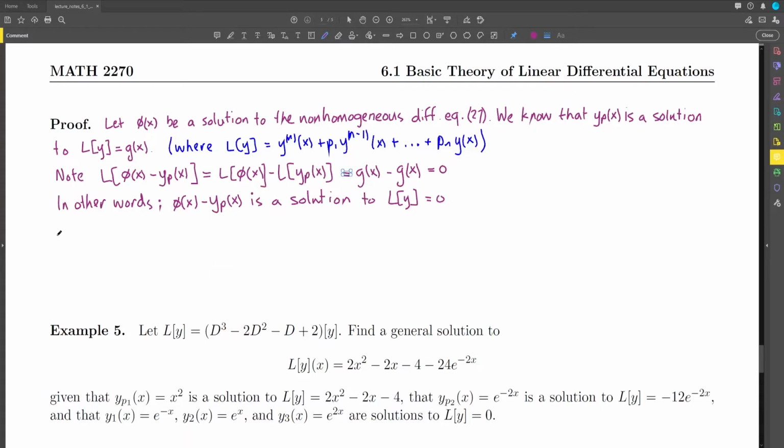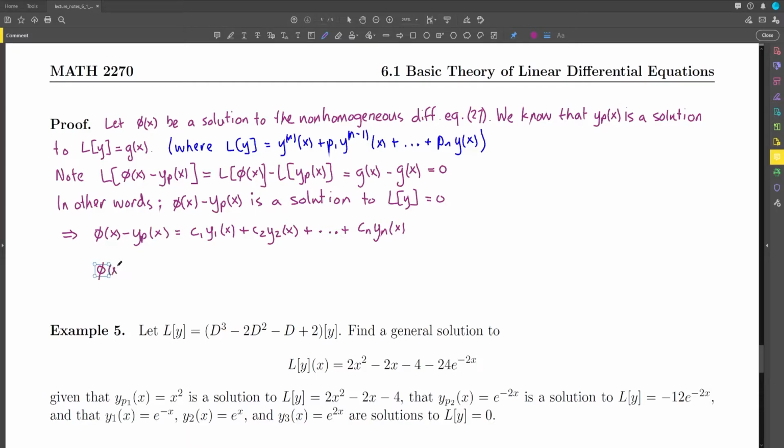So that means that phi of x minus yp of x is c1 times y1 of x plus c2 times y2 of x plus dot dot dot plus cn times yn of x. And now we can bring the particular solution to the other side.